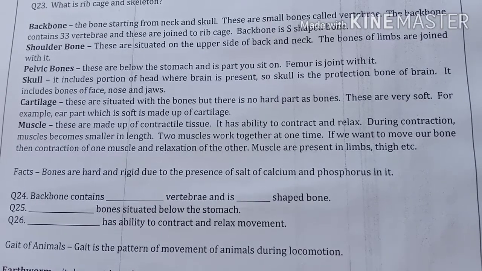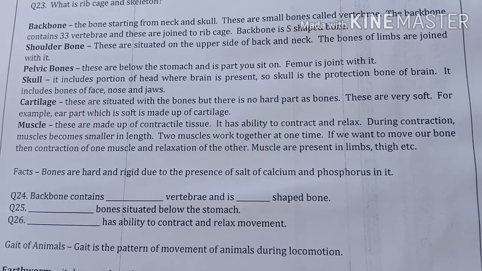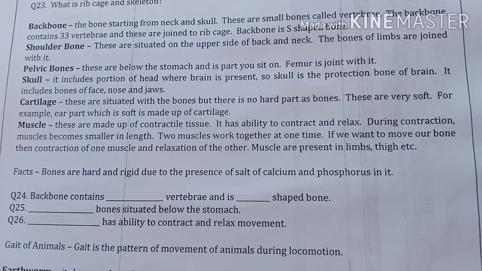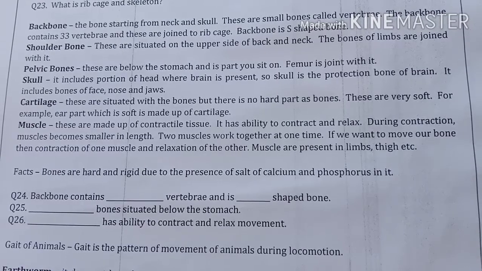The next one is cartilage. Cartilage is situated with the bones, but it is not hard. As we know, bones are very hard because they are made up of calcium, but cartilage is not hard like bone, it is very soft. For example, the soft ear part, the pinna of our ear, is made up of cartilage.